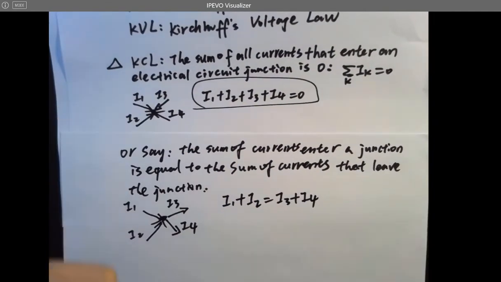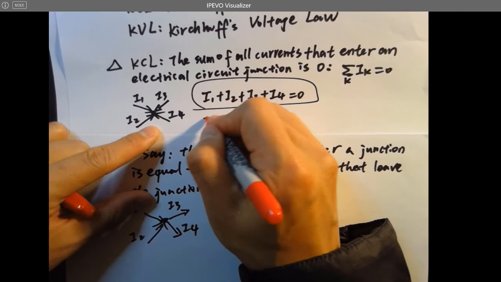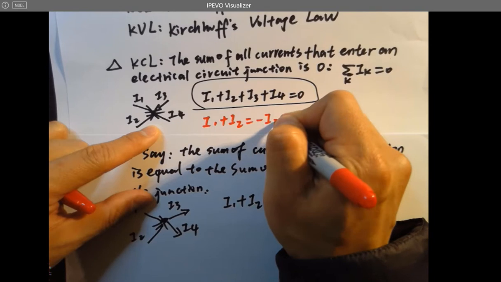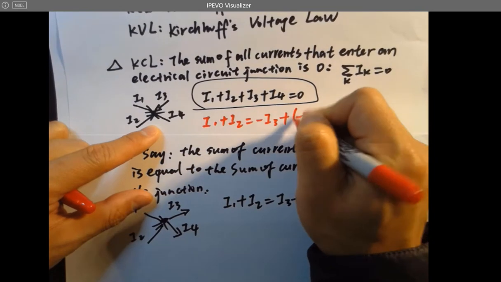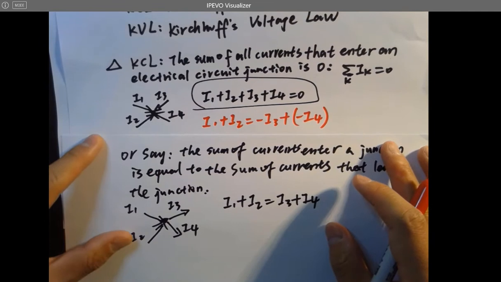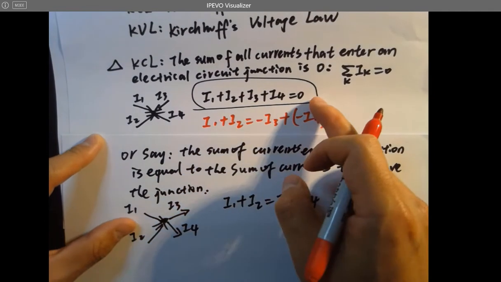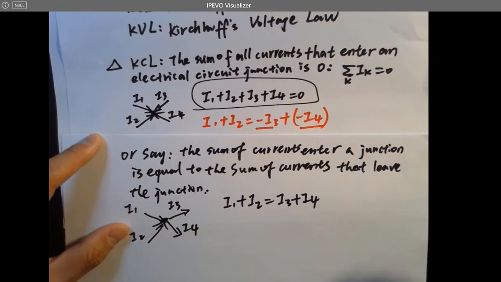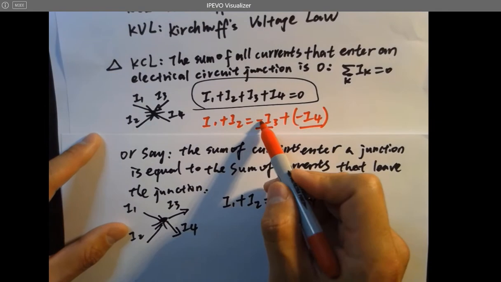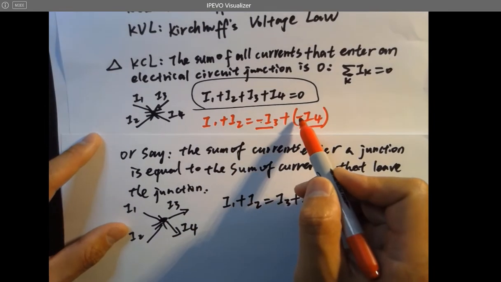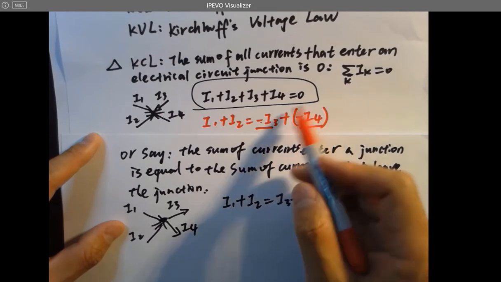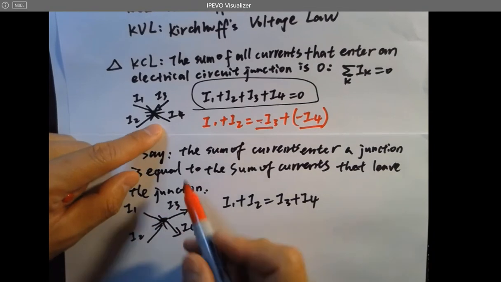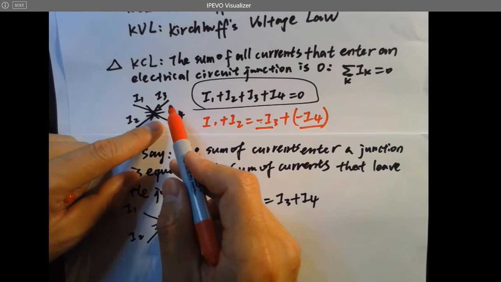Why? If you look at the first one, apparently this equals this. You just move I3 and I4 to the right side of the equation. And if you look at the direction of the current, because currents are vectors, if you put a minus sign over here, that means it's flowing in the opposite direction compared to the original current. So I3, I4 right here are actually minus I3 and minus I4 in the first case.